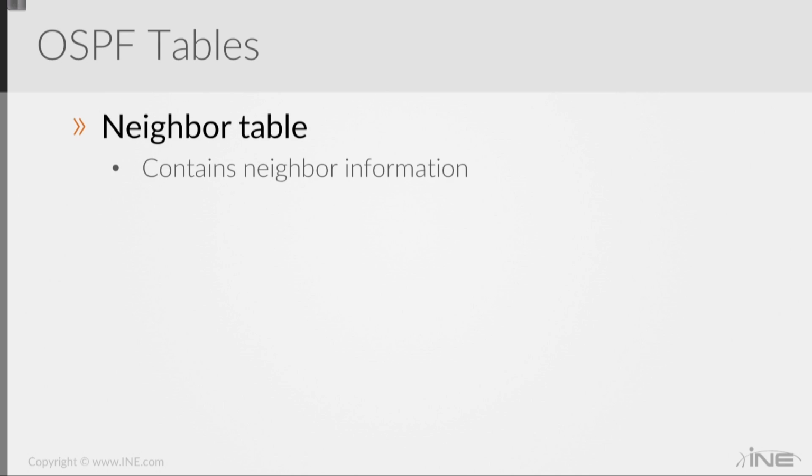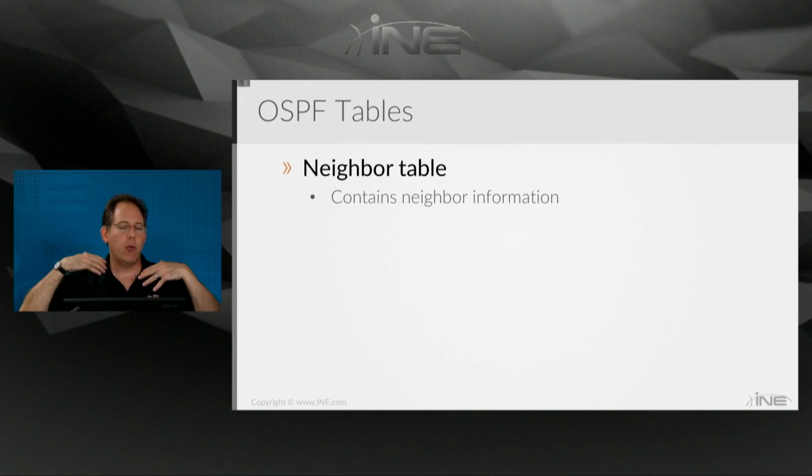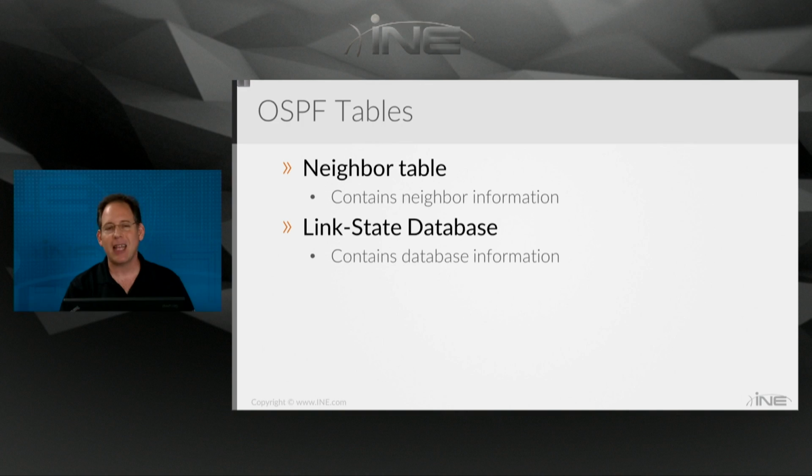So just like EIGRP, OSPF has a neighbor table, keeping track of neighbors. In OSPF, when a router receives OSPF LSAs, it stores them in what's called the link state database. So the link state database is a loose collection of all the LSAs that you've got, and you can view that.